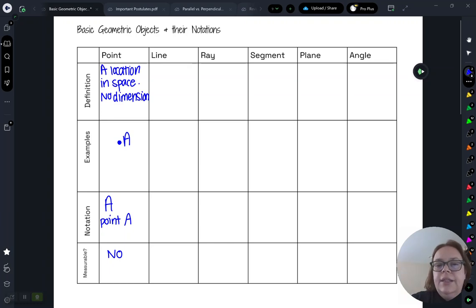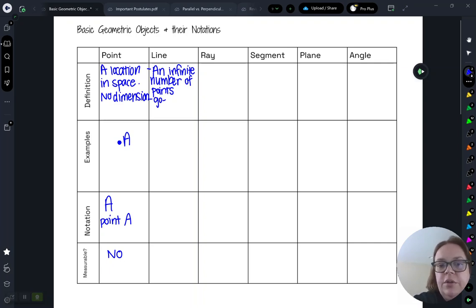A line is essentially what happens when you put a bunch of points all together in a line. It is an infinite number of points. So if you string an infinite number of points together, you get a line, and it is going to go on forever in both directions.